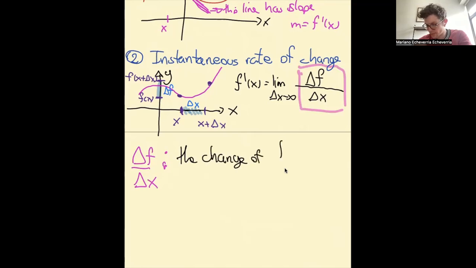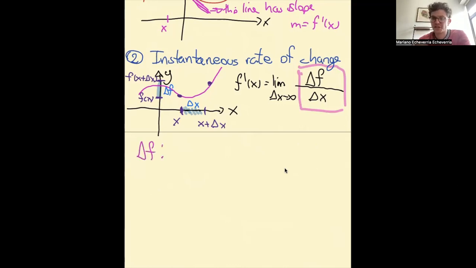Delta f was the change of f you get by changing x by an amount delta x.